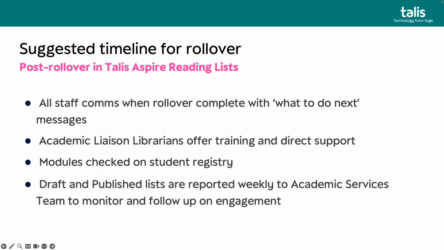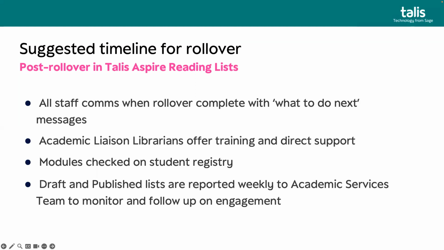And then there is a process over the next few weeks after the rollover. So checking on the student registry system that the modules that they've put in place in the hierarchy are indeed correct, adding any new ones, removing any that it turns out aren't running after all. And it is possible to run an all lists report every week to identify which lists have been updated, which ones have still not been touched, and who do we need to reach out to make sure that they are updating their lists for the next year.